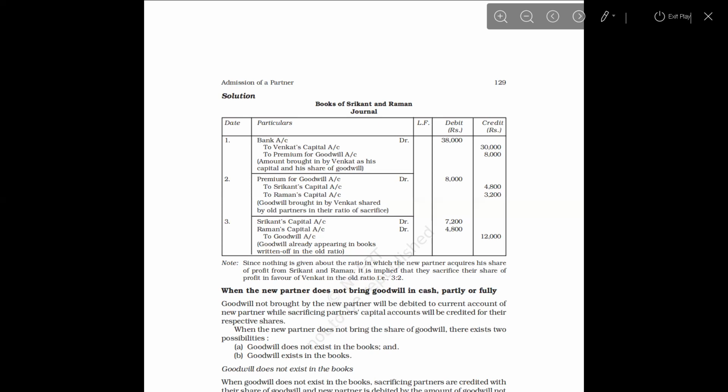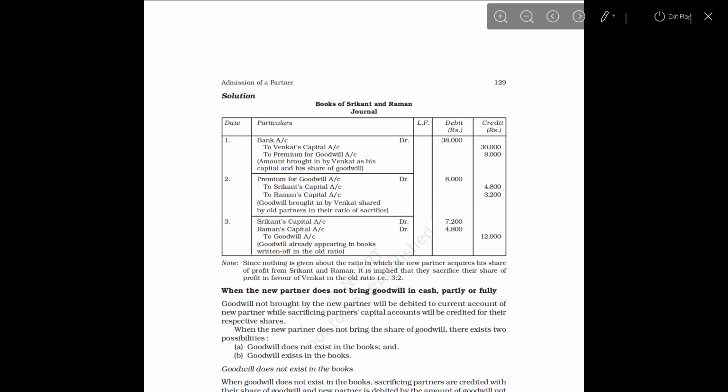The third entry is the old goodwill written off. See your sum, the goodwill account already appears in the books at rupees 12,000. This is your old goodwill, 12,000.